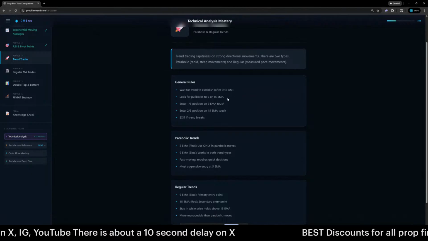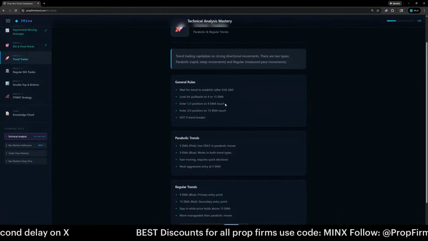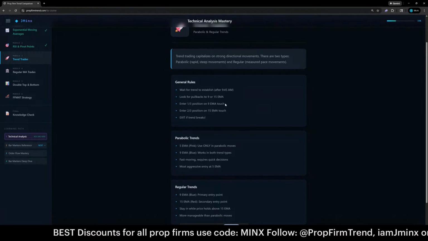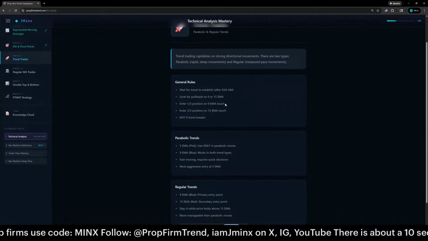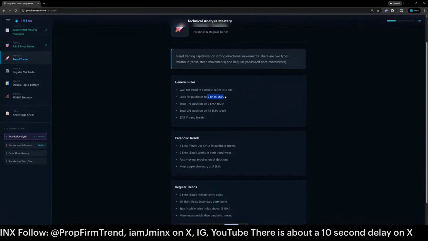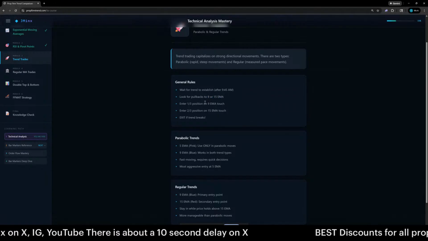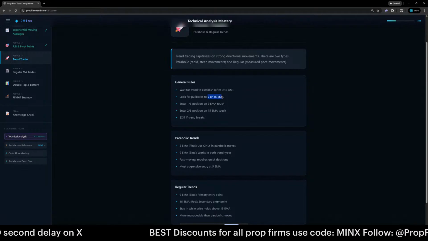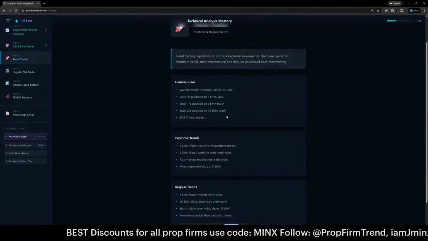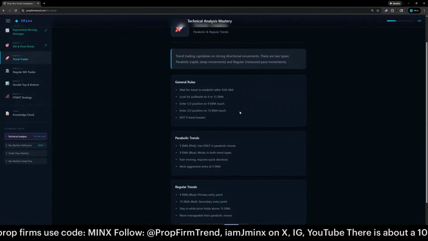You would know it's parabolic if it's moving really fast, whether it's going up or down, it doesn't matter. If it's just a normal trend, then you would be looking at these higher EMAs. You would enter your one-third position.